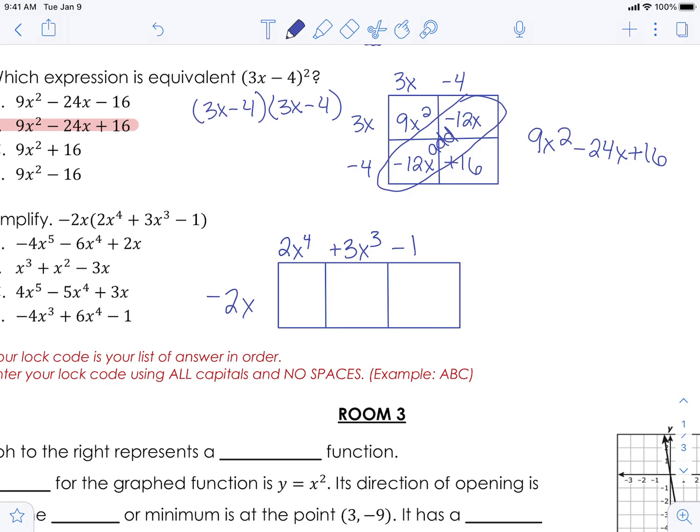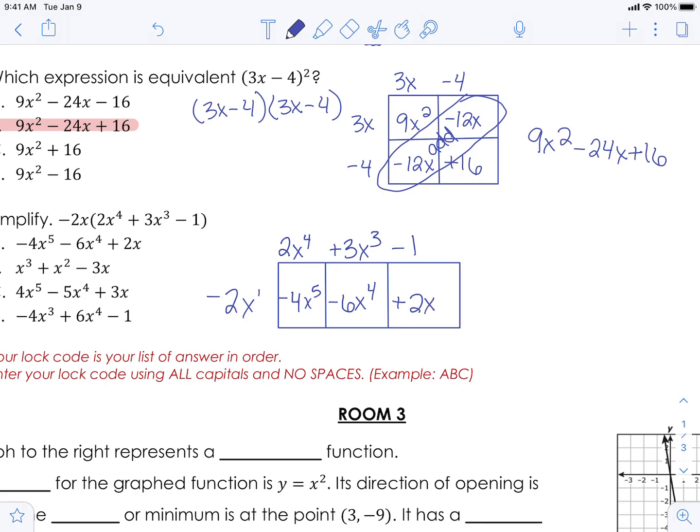Negative 2 times 2 is a negative 4. X to the 4th times x to the 1st is an x to the 5th. Okay, negative 2 times 3 is a negative 6. X to the 1st times x to the 3rd is x to the 4th. And negative 2 times negative 1 is a positive 2. And then I drag along that x.